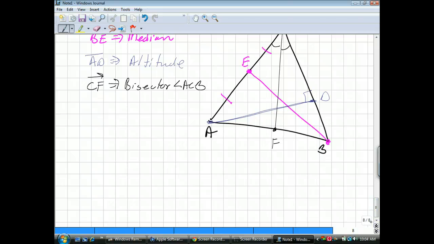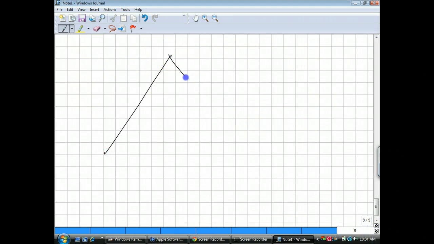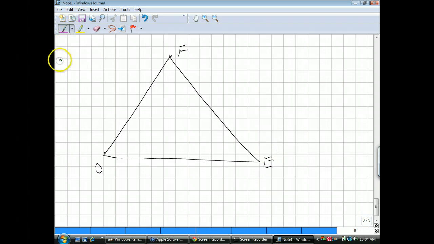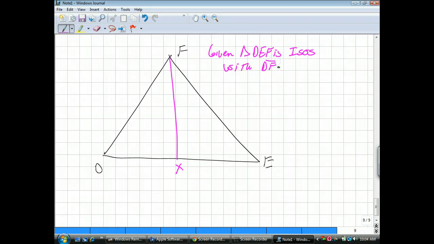Okay, and if I have this triangle, DFE, the segment FX, okay, and I have given that triangle DEF is isosceles with, I'm sorry, length of DF equal to length of EF, and segment FX bisects angle DFE.